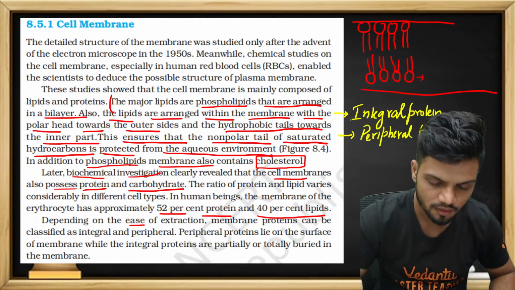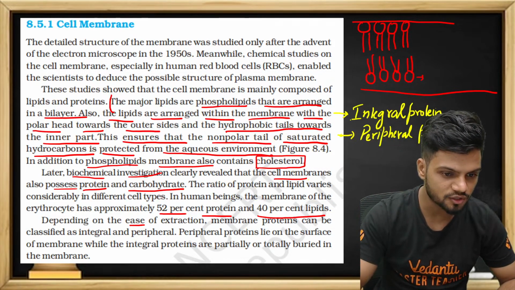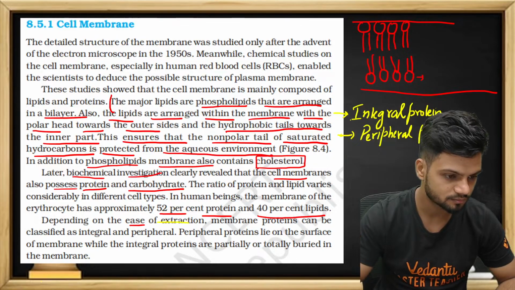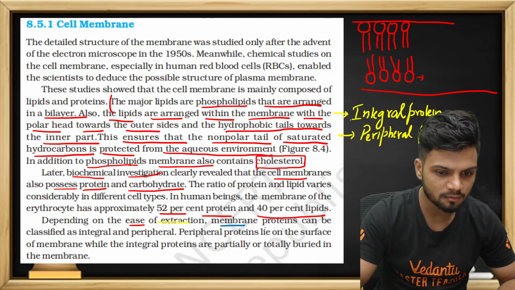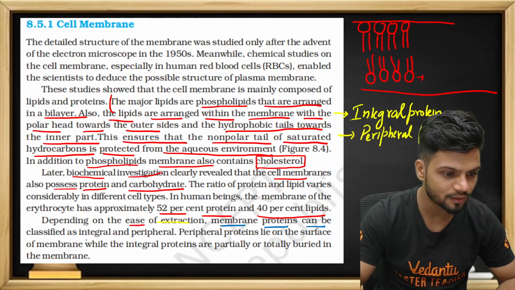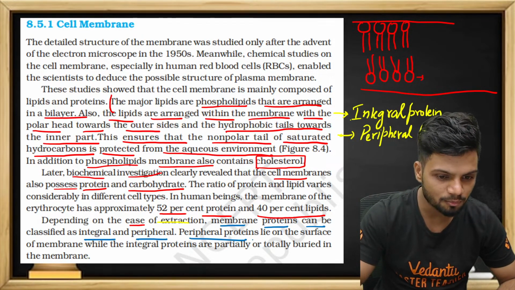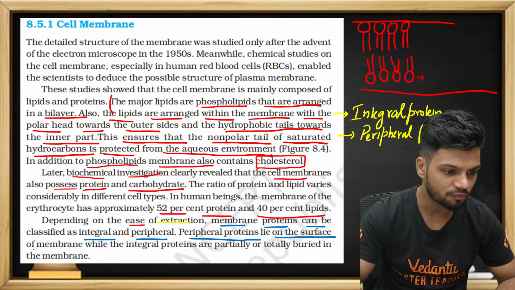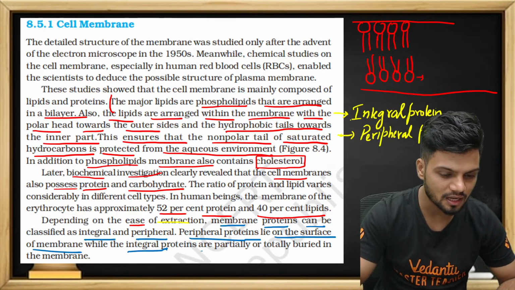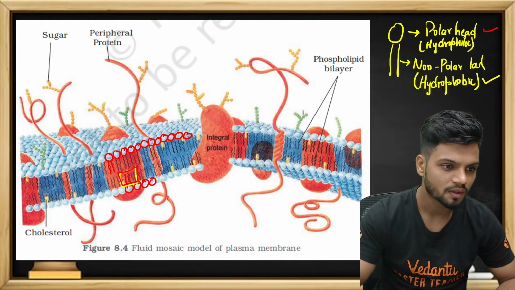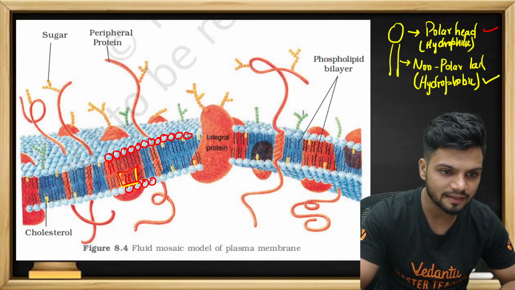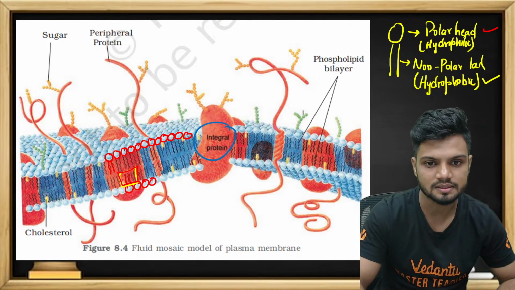Depending on the ease of extraction, membrane proteins can be classified into integral and peripheral. Peripheral proteins lie on the surface of the membrane, while integral proteins are partially or totally buried in the membrane. See the diagram and understand. We have integral protein here, which is completely on the inside.